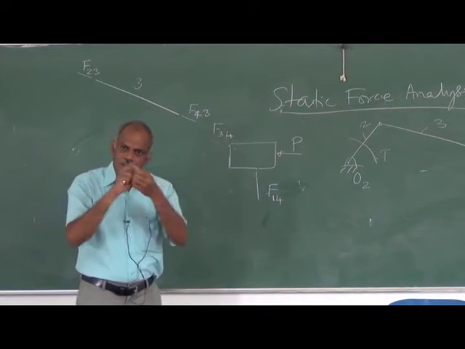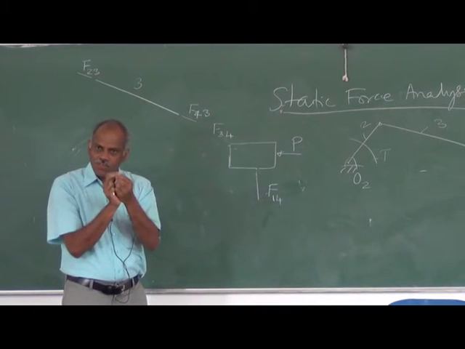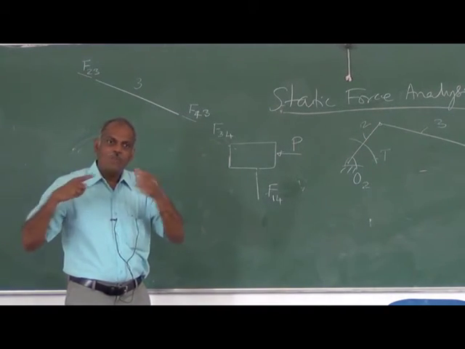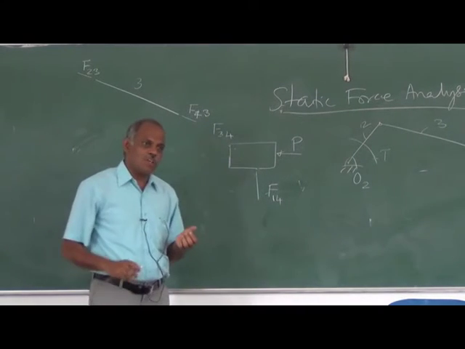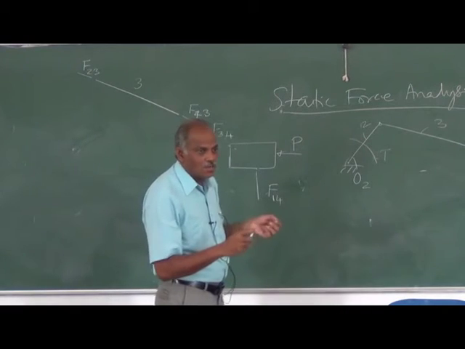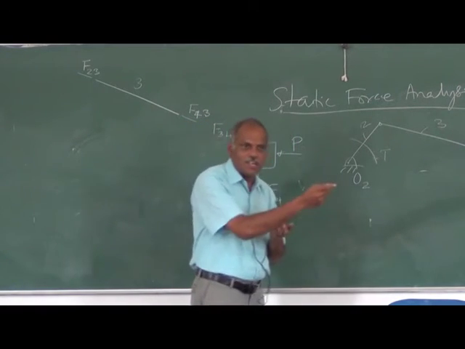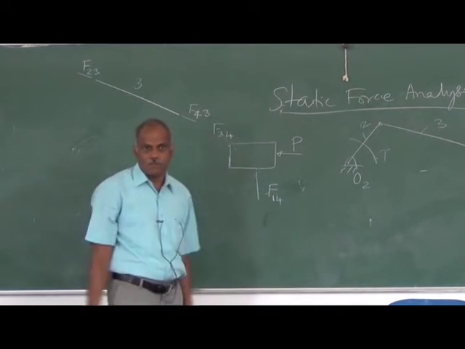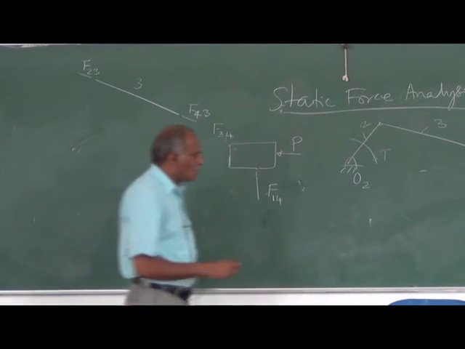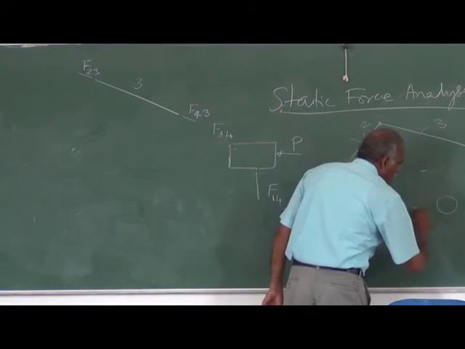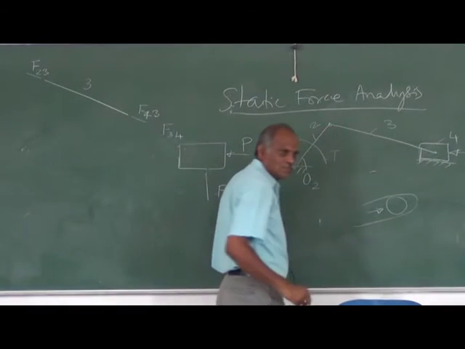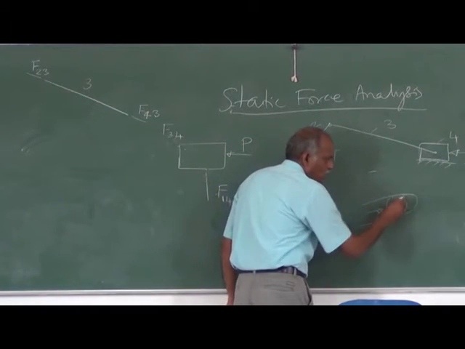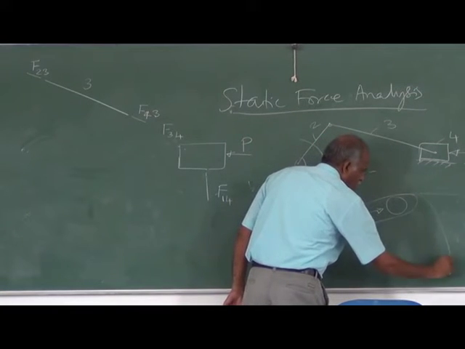Through the revolute joint, we have said that only force can transmit. But is there any particular direction in which the force can be transmitted? Need not be. The force can be transmitted in any direction through the revolute joint. So if you take a revolute joint here like this, if I apply a force, the same direction force will be transmitted to the other linkage.